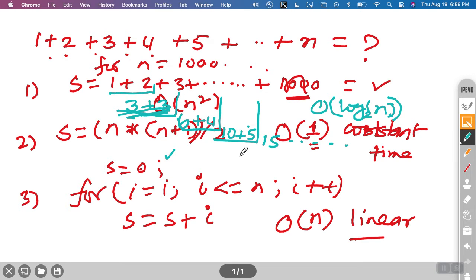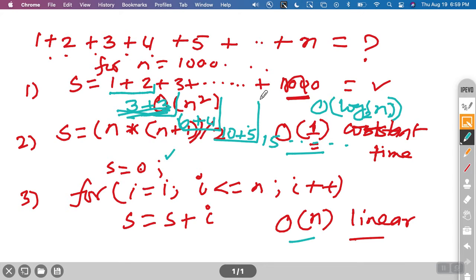Okay, but at least we know that there are multiple ways to write an algorithm, right? For some algorithms it will take constant time, and for the same problem another algorithm may take linear time, and another algorithm may take logarithmic or exponential time, right? So our goal will be developing an algorithm that is efficient, takes less time.